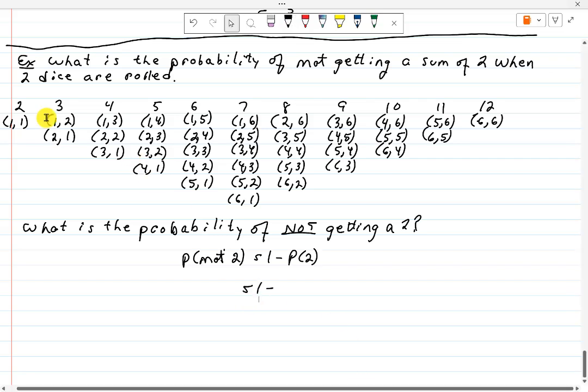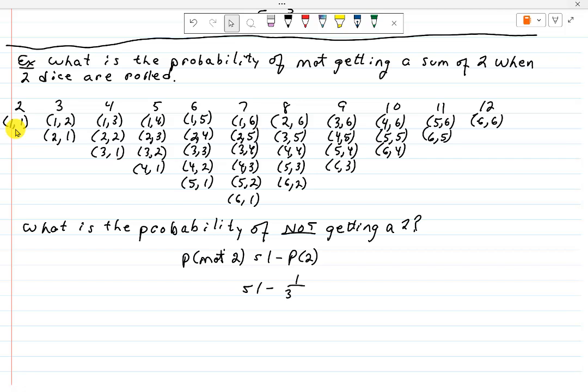Well, the probability that it equals 2, as you can see for the event that is called 2, there's only one outcome listed. So that's 1 out of 36. And then you can combine this to be 35 out of 36.